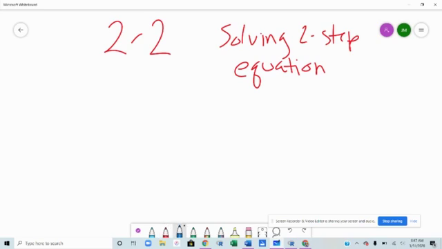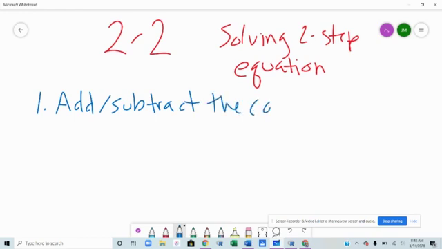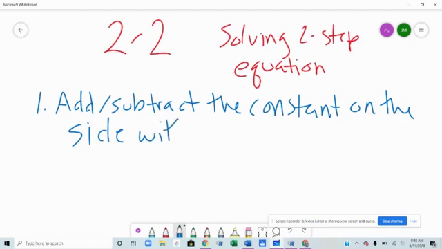Okay. So basically, your two steps will always be number one, add or subtract the constant on the side with the variable.